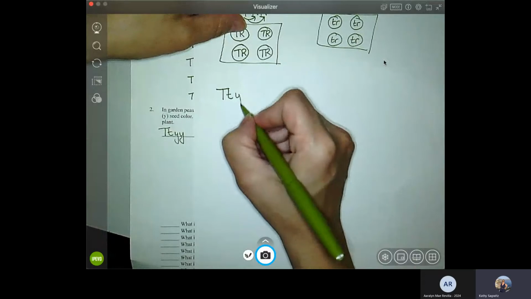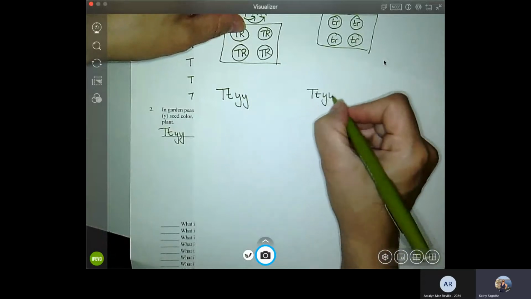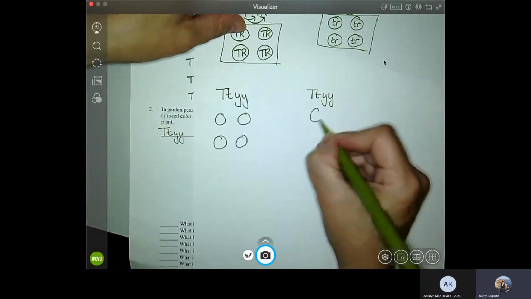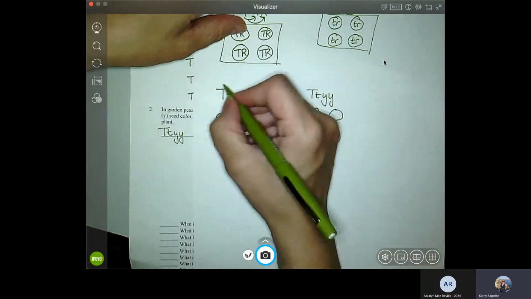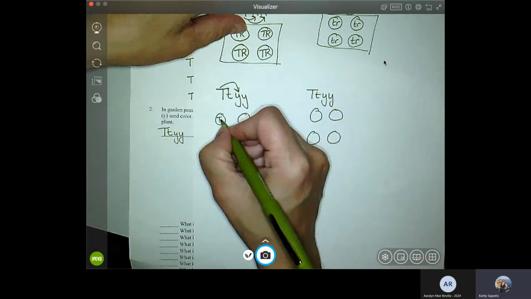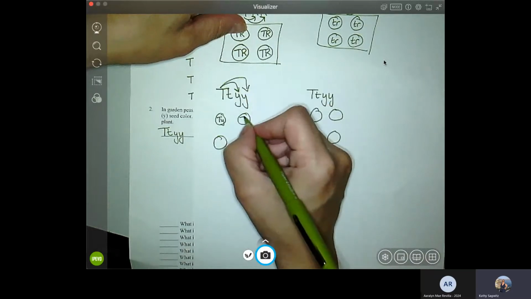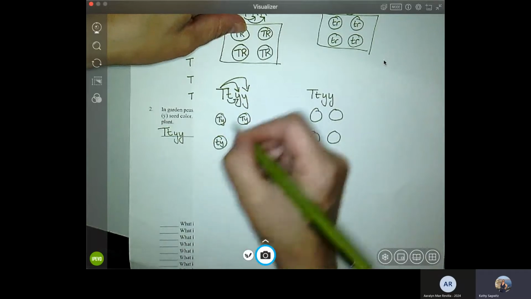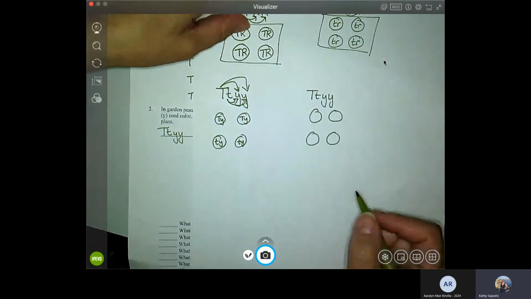So our sperm and egg cell. We're going to have 4 for each of these. 4 from mom, 4 from dad. So big T with little y, big T with little y, little t with little y, little t with little y.